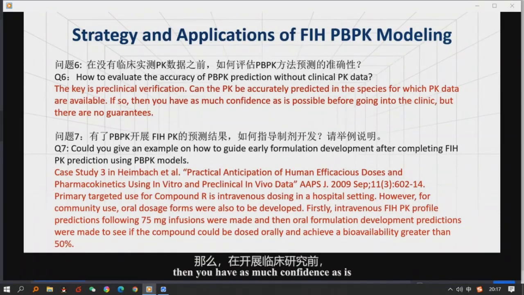If so, then you have as much confidence as is possible before going into the clinic. But as I said, there are no guarantees that you will accurately predict in human, but you're giving yourself the greatest chance of success if the PK data in the preclinical species can be verified.